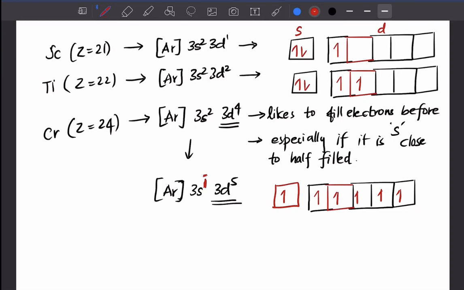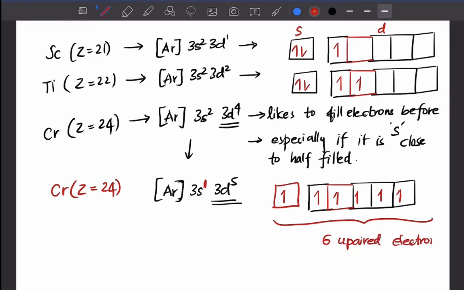This is one element where you will see that chromium originally should have 4 unpaired electrons, but in reality, it will have 6 unpaired electrons. So it will end up having 6 unpaired electrons.